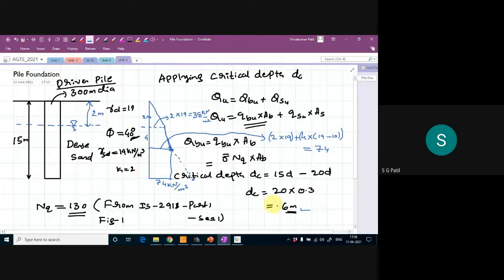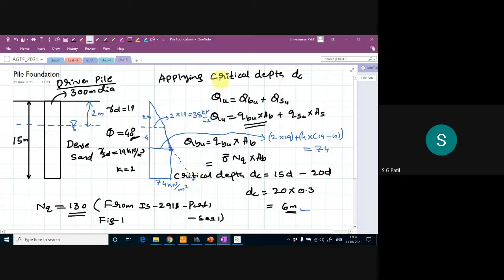The remaining depth is around 6 plus 4, 10, 19 minus 10, that is 9 meter. 9 nines are 84. So 74 plus 84 would have been my effective stress here if I did not consider the critical depth concept. That much stress I will get.